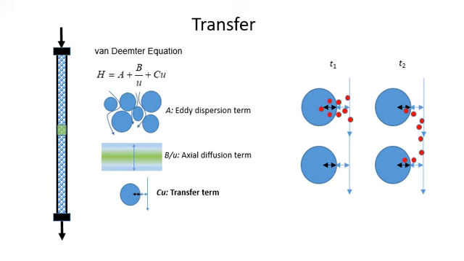If the superficial velocity of the mobile phase is too high, not all the molecules present in a given location within the mobile phase get the chance to be transported to the stationary phase adjacent to it and simply get pushed down the column. Such partial bypass results in the spreading of the solute band. The transfer term is more significant for macromolecules than for small molecules.